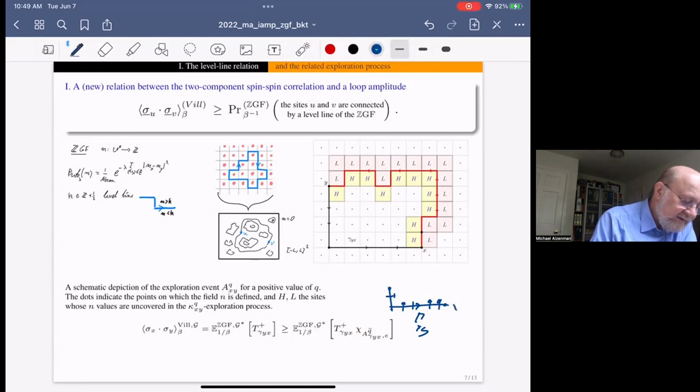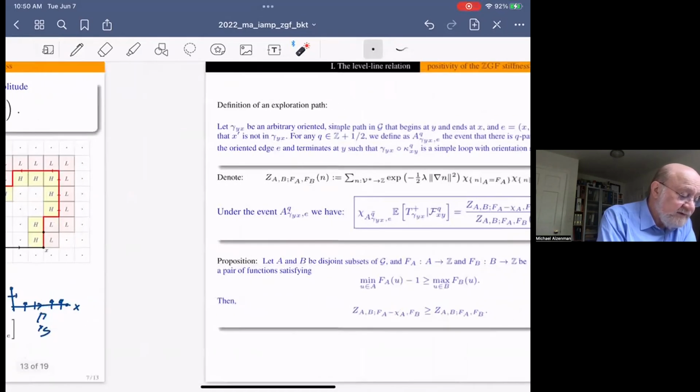We have X here and Y there. The event A, chi is the characteristic function, this is a mouthful of a symbol, but in plain language, we set an exploration path from X to Y to check whether the two sides per chance are on the same level line. And I have to explain how this exploration works.